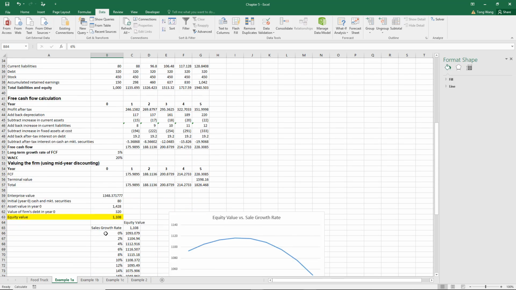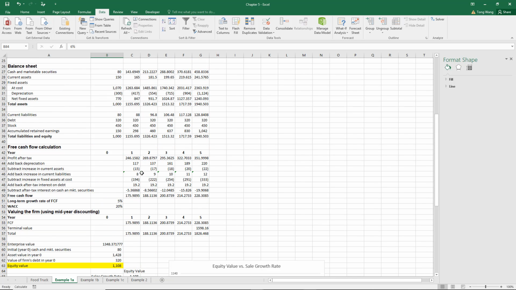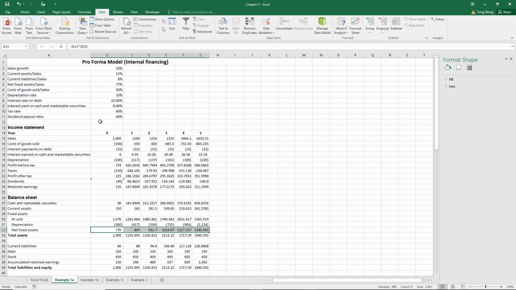For example, the reason that you cannot grow too fast according to your forecast is because as your sales becomes larger and larger, you also have to invest a lot in fixed assets, right? That's because your net fixed asset will keep growing with your sales. So what if we make a different assumption? We're going to assume that your net fixed asset is going to be constant. So as you increase your sales, you don't have to increase your net fixed asset. Okay. If we were to make that assumption, let's see what's going to happen.